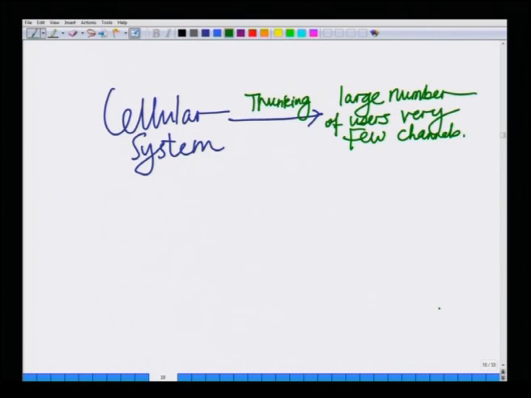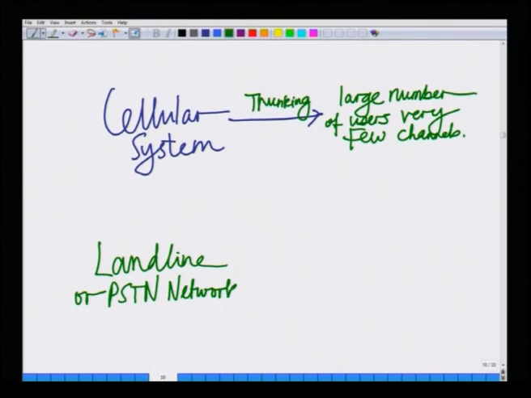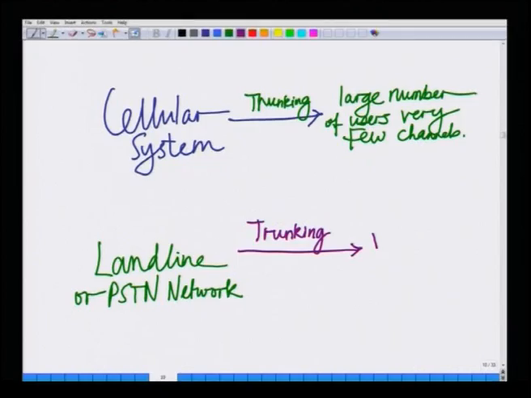In the context of a traditional telephone exchange or a PSTN network, which stands for public switched telephone network, I employ trunking, and this is how trunking originally began. I have a large number of users who use a very few lines available in the exchange.